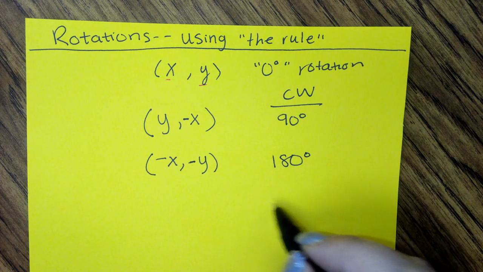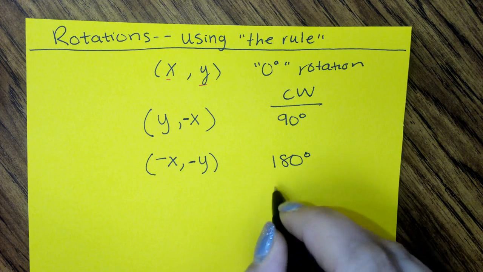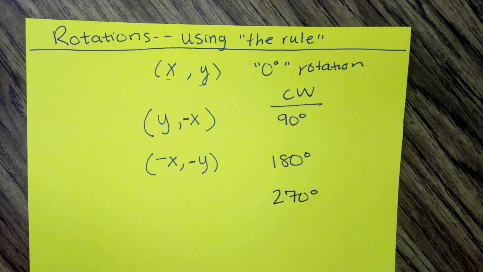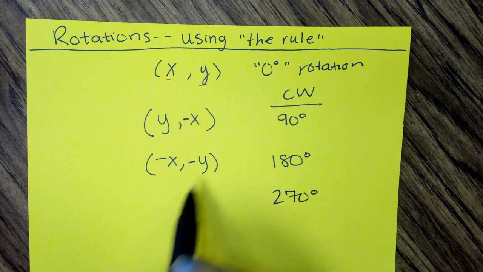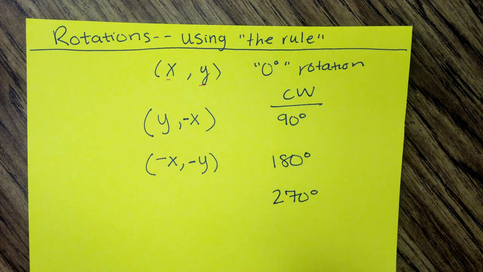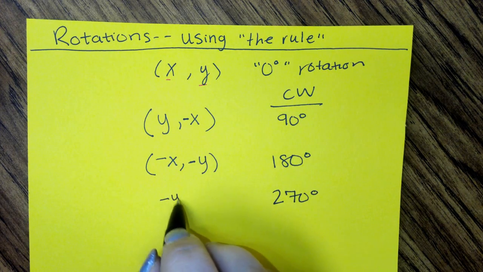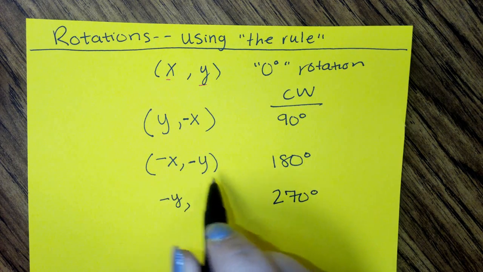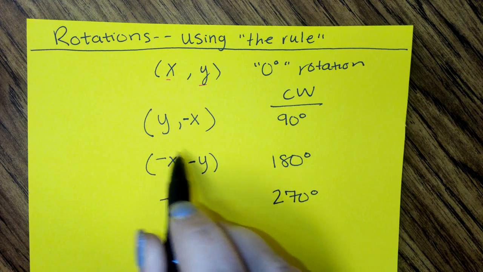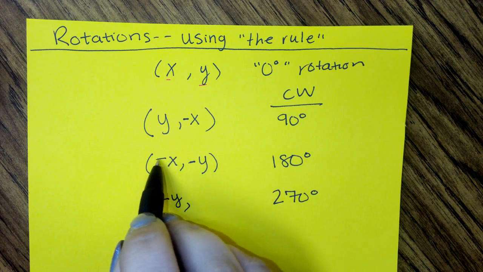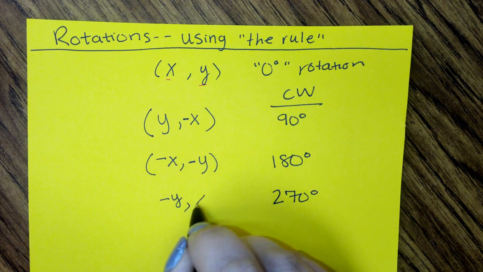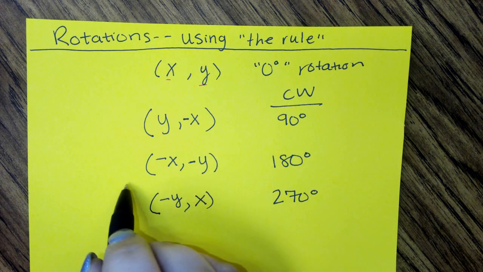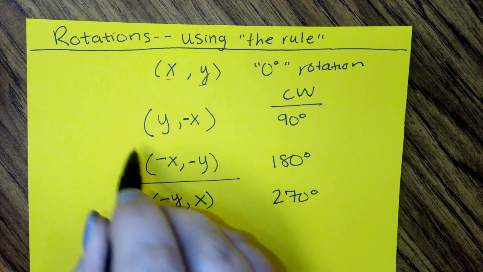When I add another 90-degree rotation, that would get us to 270 degrees. Again, we switch the order of the coordinates, so I have an opposite y for the x-coordinate, and the new y-coordinate is the opposite of whatever we had here. The opposite of negative x is your normal positive-looking x. So this is how we obtain the rule.